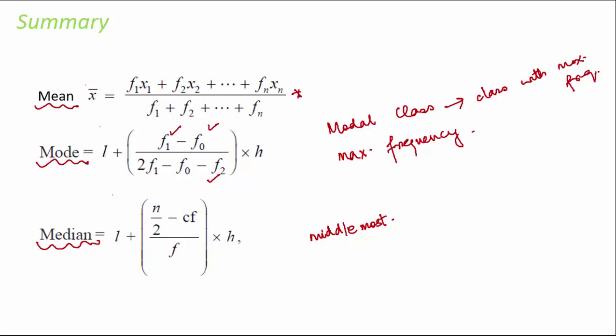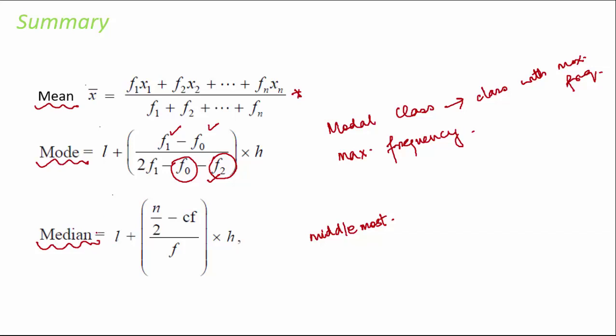So the frequency of the modal class is F1, and F0 is the frequency of the class preceding the modal class, just before the modal class. And F2 is the frequency of the class succeeding the modal class. So modal class, before modal class, that's F0, after modal class, that's F2.